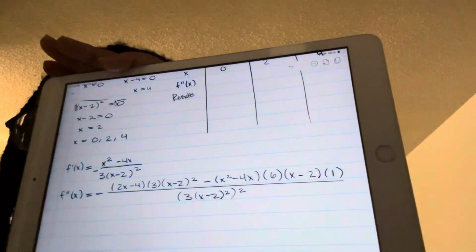We'll technically use the chain rule on this, so we get 6 times x minus 2 times 1, because the derivative of the inner part is 1. And then the denominator is 3 times x minus 2 squared, and we have to square all of that. Okay, so this is how we've set up our second derivative.